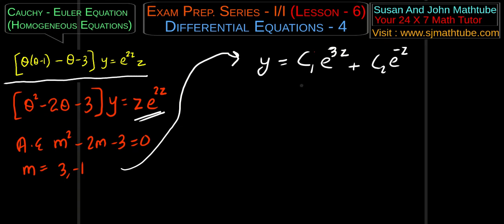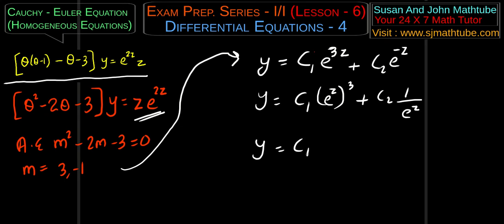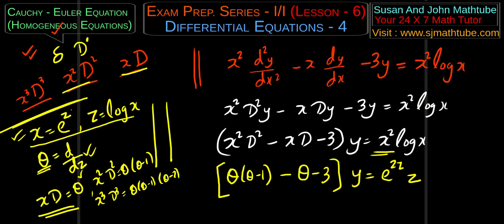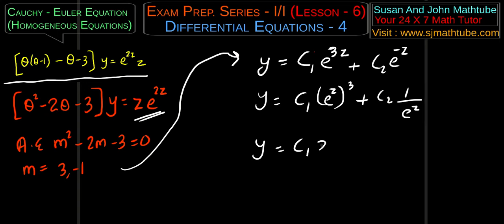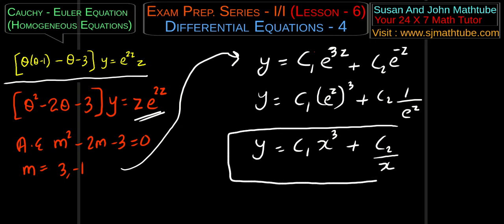Okay, and that is y is equal to c1 e to the power z the whole cube plus c2 1 by e to the power z. That is y equal to c1. Let's look at the previous page. What is e power z? x. So this is x cube and this is 1 by x. So this is our complementary function.